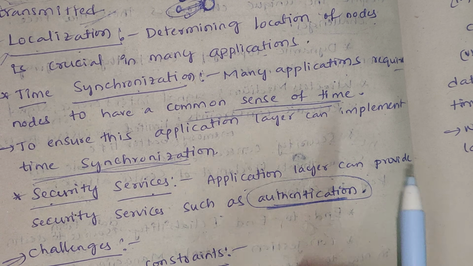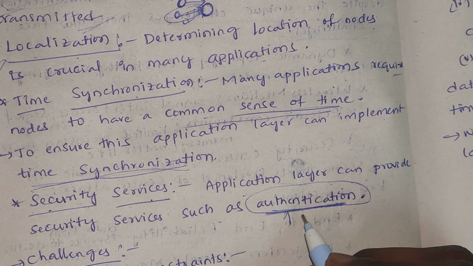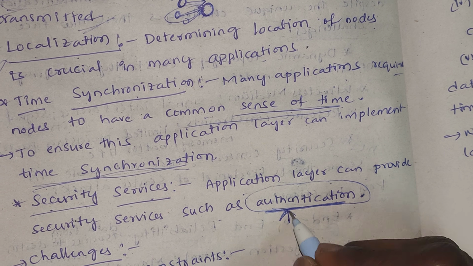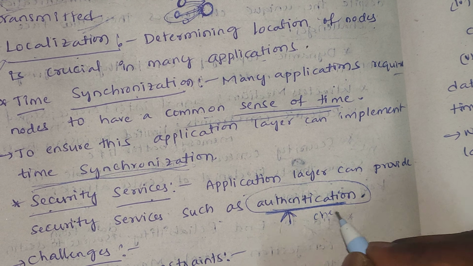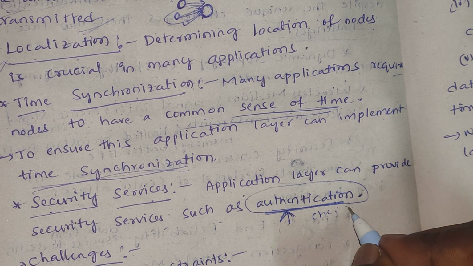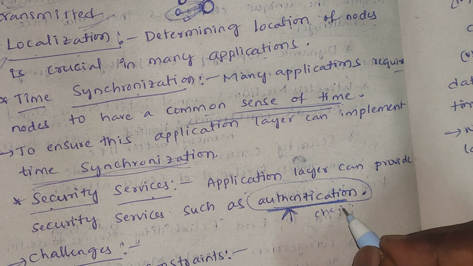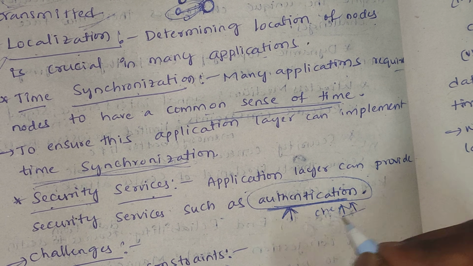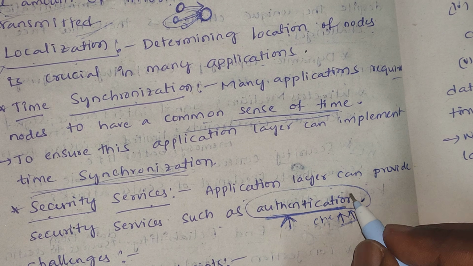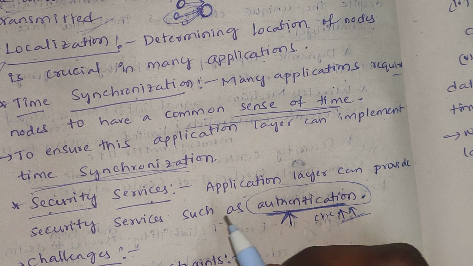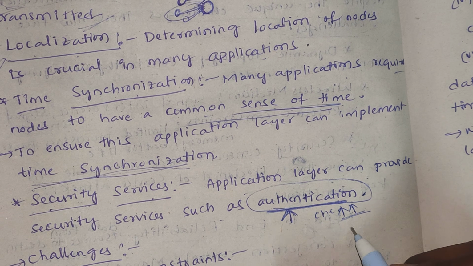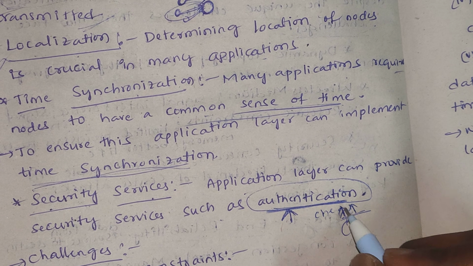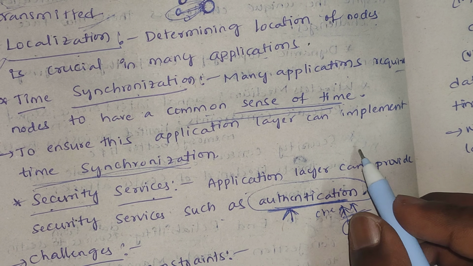Authentication is checking whether the username and password are correct, and whether we have to allow the user into the website or not. All these come under the security services present in the application layer. The user can directly enter the application layer, so it is user friendly.